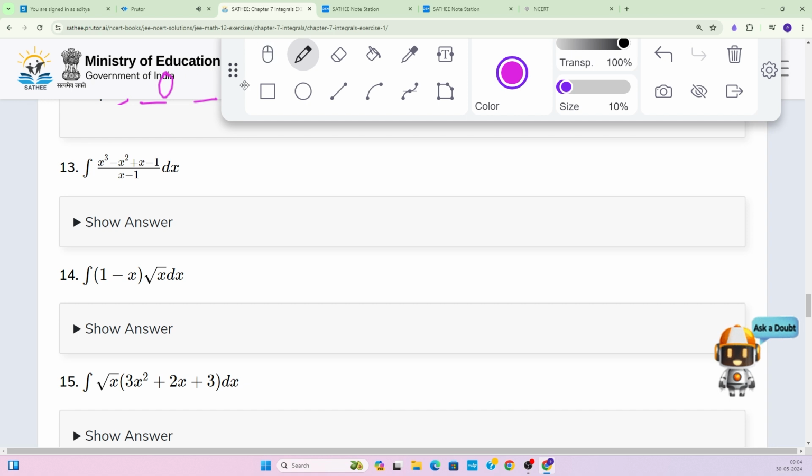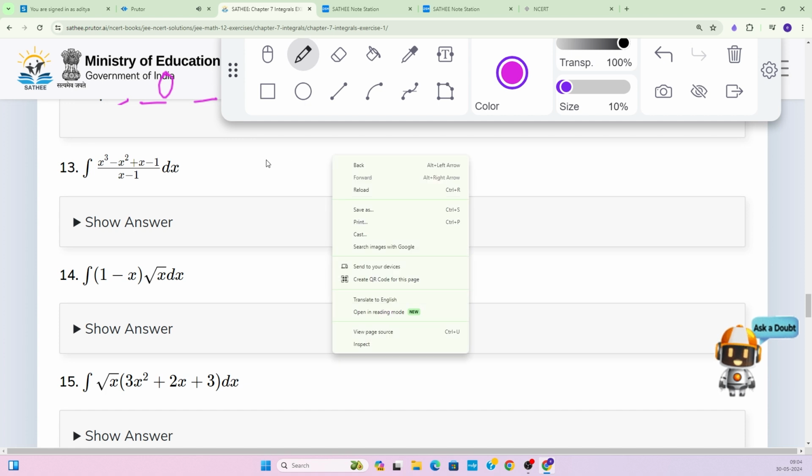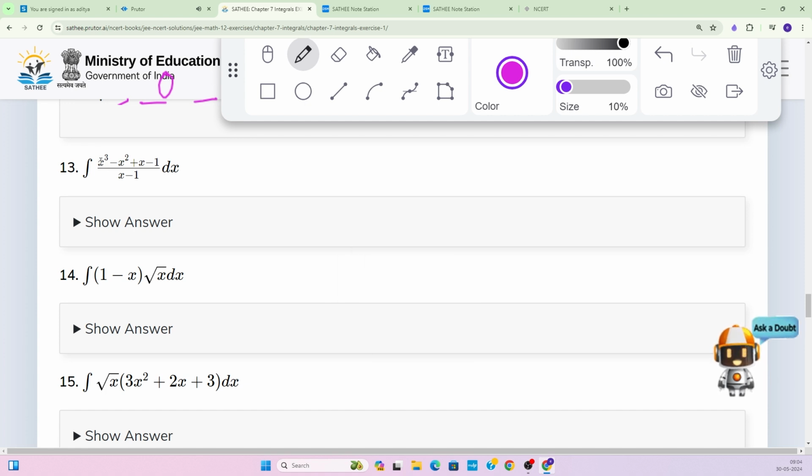Simplify it. What you will get here, you will be using some identity. What identity am I talking about? See, in numerator, if you see in the first two terms, x cube and x square, take x square common, you will be left with x minus 1. You are having x minus 1 here, so take x minus 1 from the numerator common.